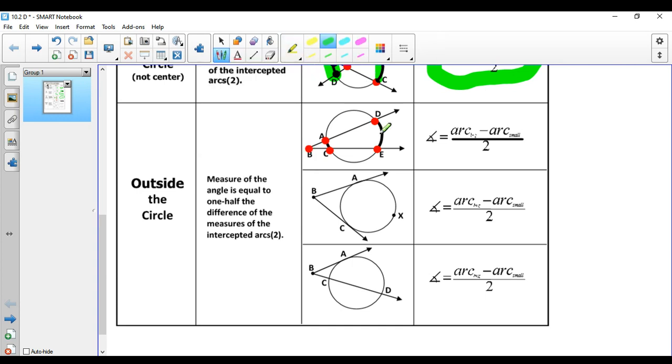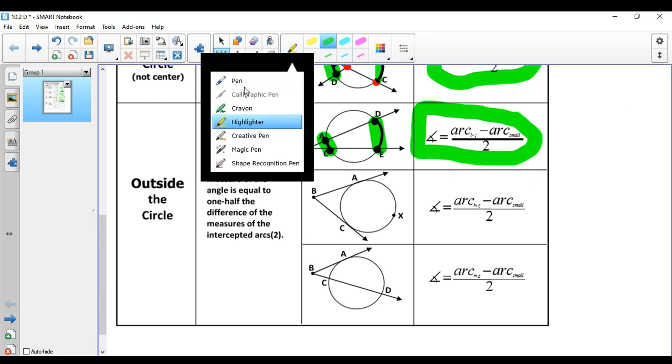So if we highlight those 2 arcs, we've got this big one, we've got this smaller one. When the vertex is outside of the circle, we have to take the big arc minus the small arc and divide by 2. And it's hard to read, but this says big arc minus small arc divided by 2. And the only reason the big arc has to come first is to make sure we have a positive number.